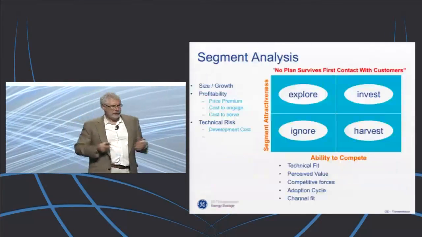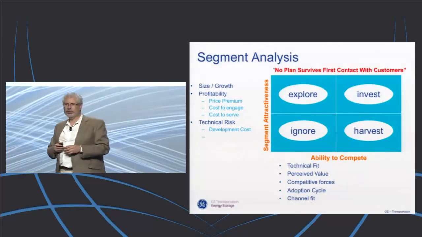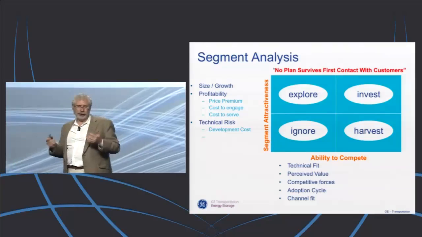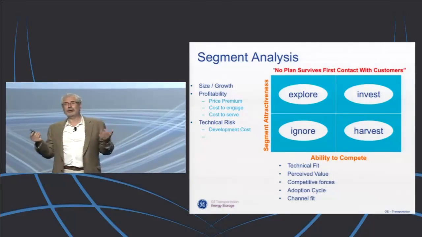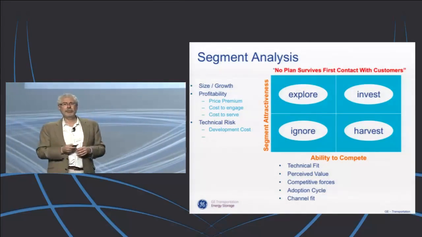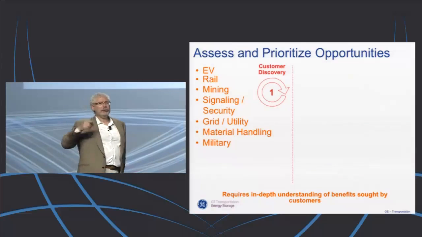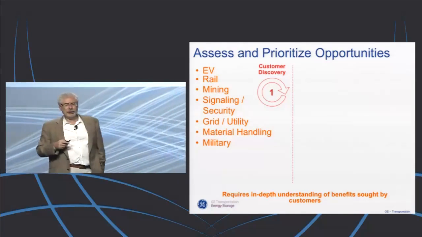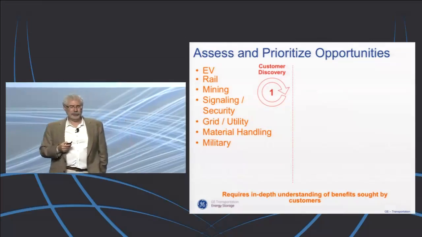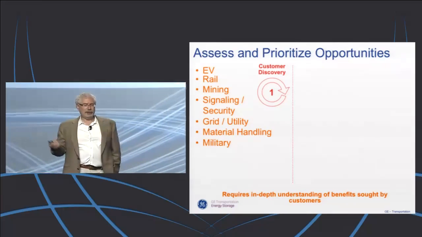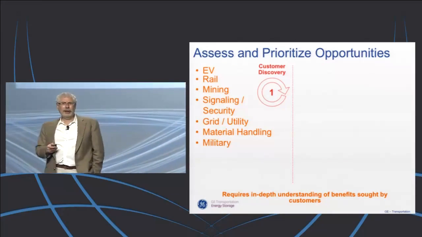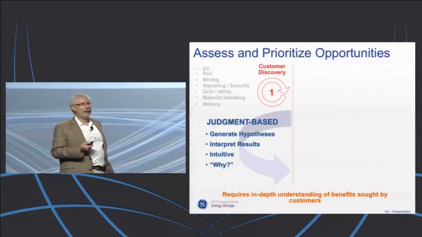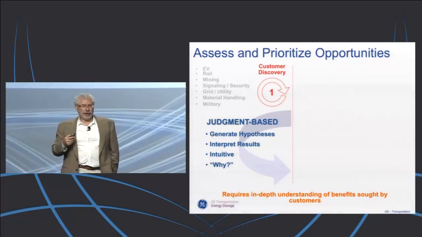And so they did a classic segment analysis, which asks what the right size is and what the right growth is, and let's go invest in the ones with the largest attractiveness and our biggest ability to compete. But they used this discovery and validation process to first take a look and prioritize opportunities: EV, rail, mining, signal, security, etc. But they decided that what they really needed to do was get out of the building, to generate these hypotheses.